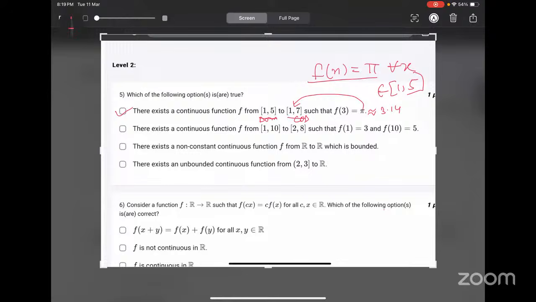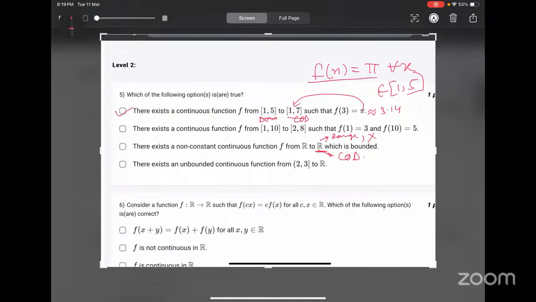So that means we have to construct an example for which the domain is R and the codomain is limited to a certain value. If this is a codomain, then we can construct such a function. But if this is a range, then we can't do that, right? Range means every point will have a pre-image.